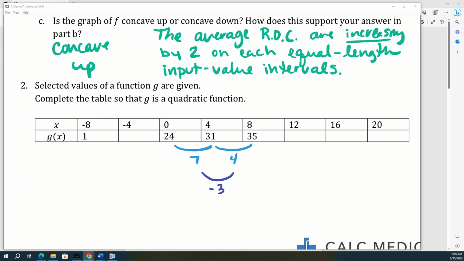All right. So what I know as I go toward this direction, the second difference needs to be -3, which means this light blue 4 needs to go down by 3.